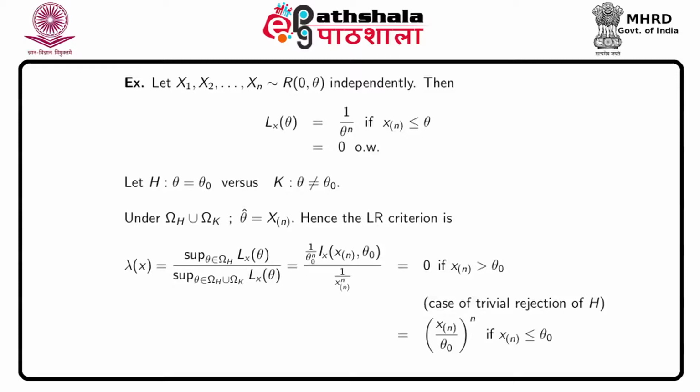Under omega H union omega K, the maximum likelihood estimate of theta will be theta hat equal to x order n itself.